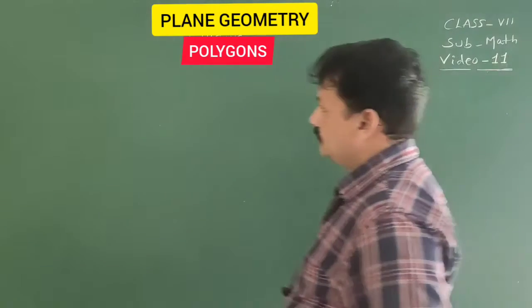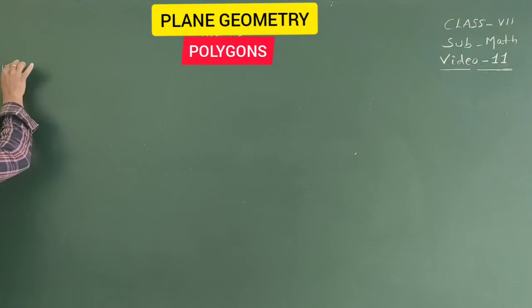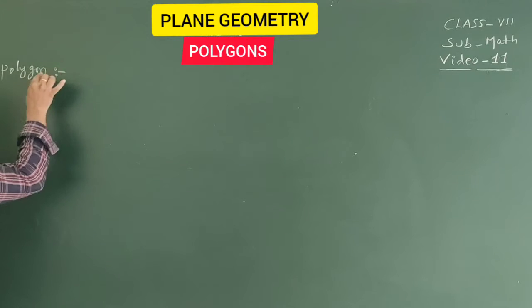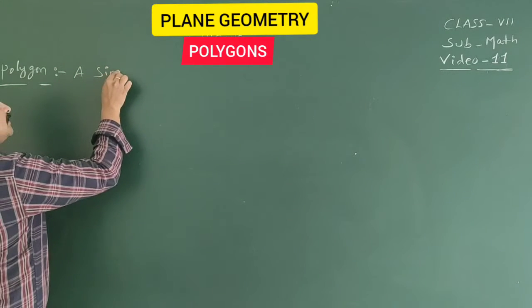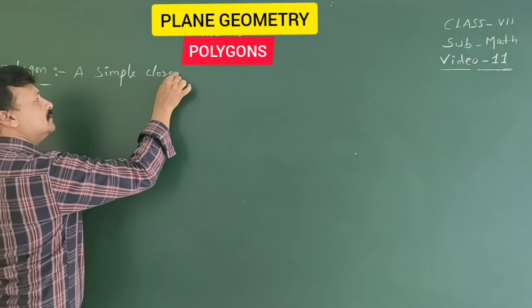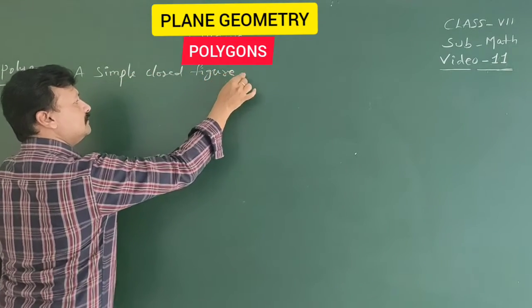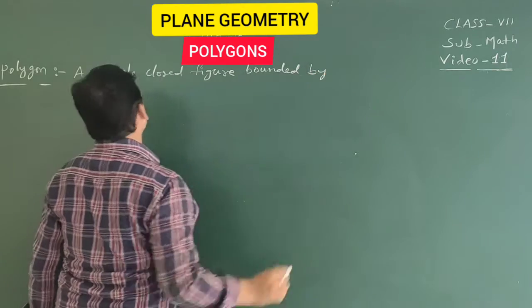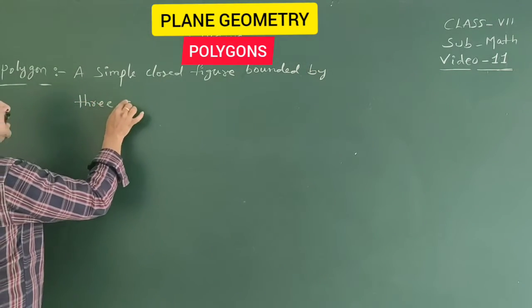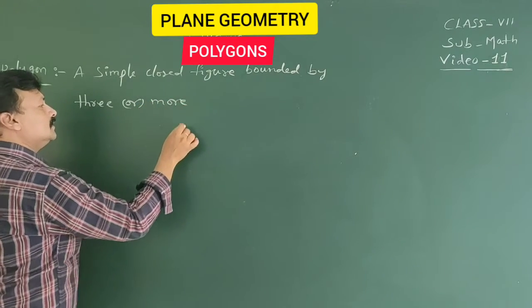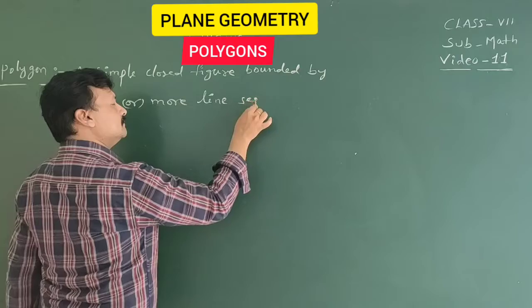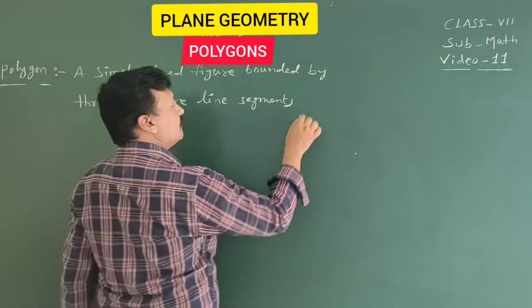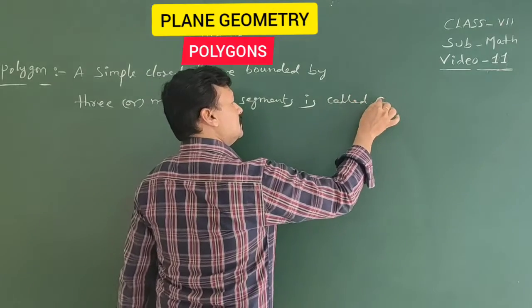A simple closed figure bounded by three or more line segments is called a polygon.